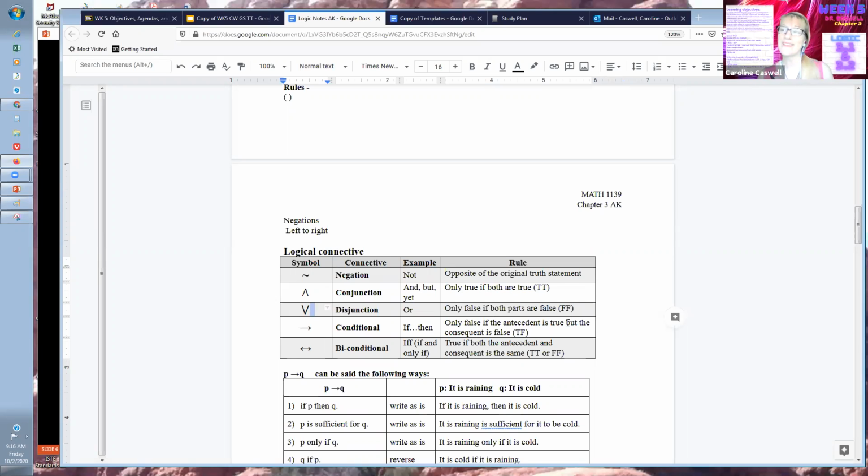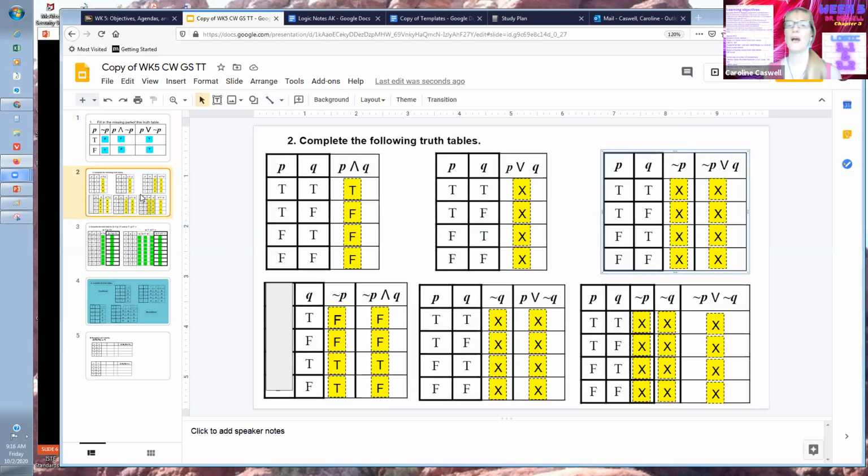Those are the first 3 things that you needed to know from section 3.3. Now let's go to number 2 on our Google Slides and start to practice some of those. So we have 2 statements, 4 rows, and 4 possibilities. True, false, and then a mix of 2.